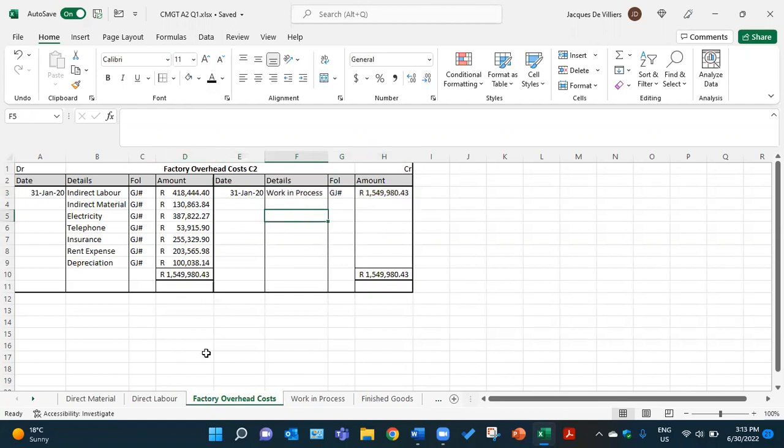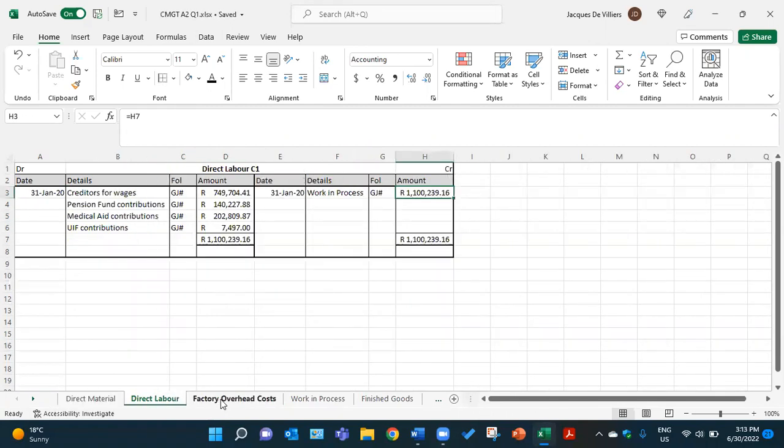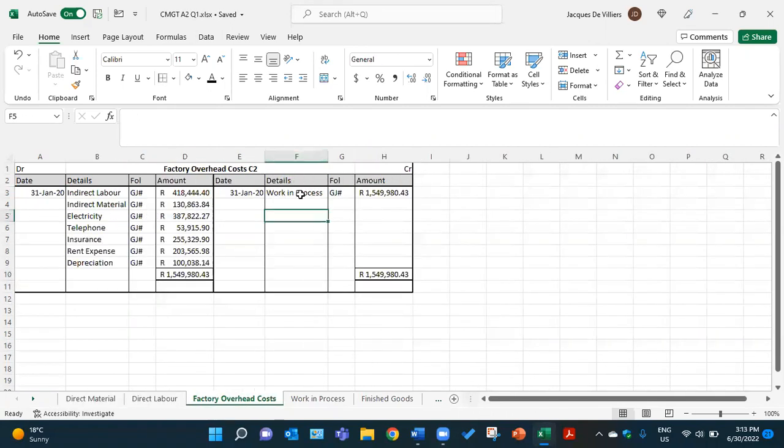Now see what has happened. I have balanced direct material, direct labor, and my factory overheads with work in progress. Now that I do my work in progress GL account, I'm already expecting at the very least those 3 transactions on my debit side, because the balancing was done on the credit side.